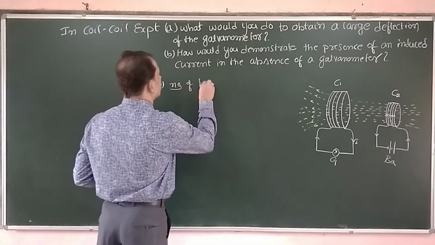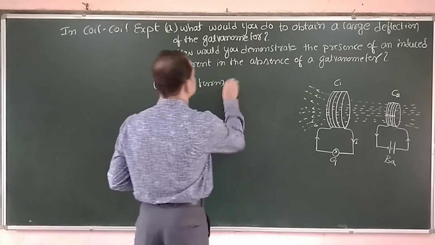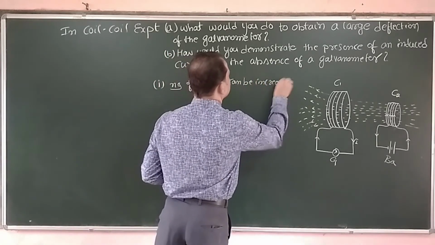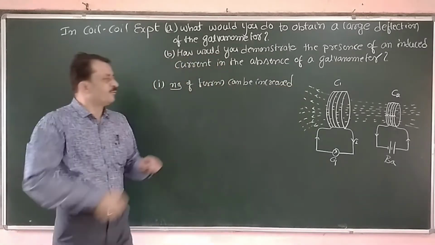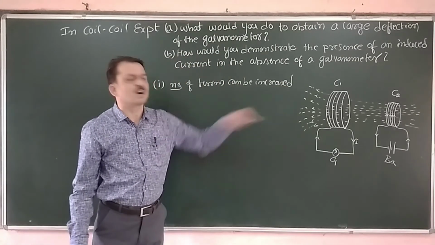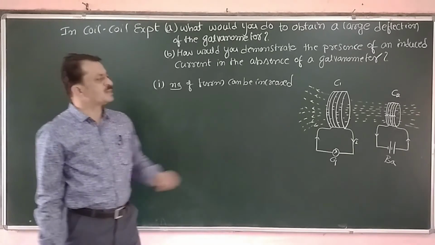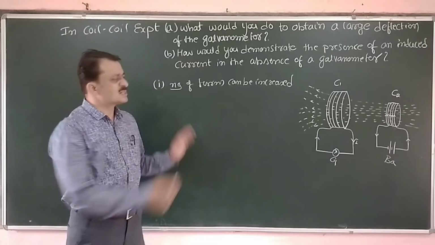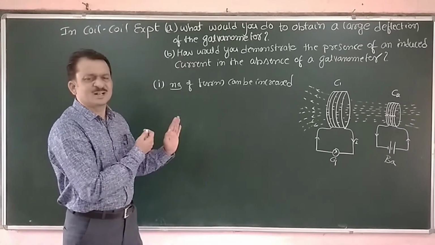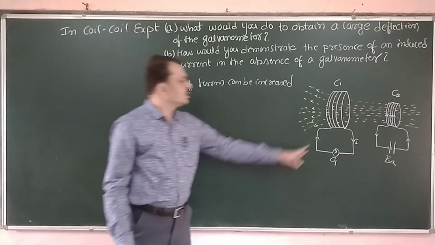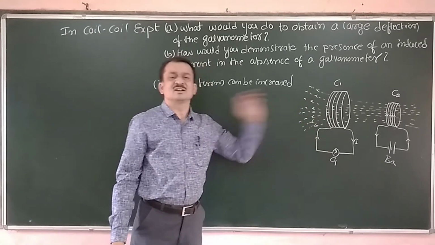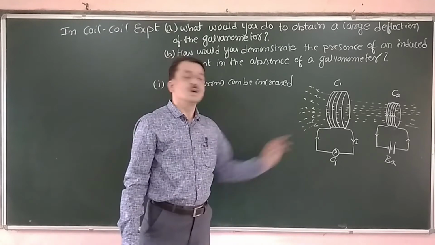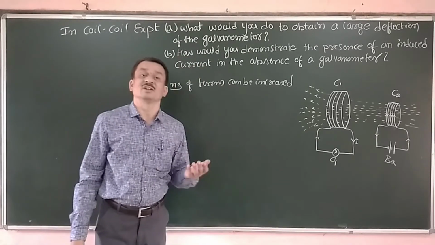The number of turns can be increased. This is one method. If I increase the number of turns in coil C2, obviously the magnetic field also increases, as and when it is moved towards the coil C1 or taken away, the flux linked with this first coil C1 also varies, and hence we get more deflection in the galvanometer.